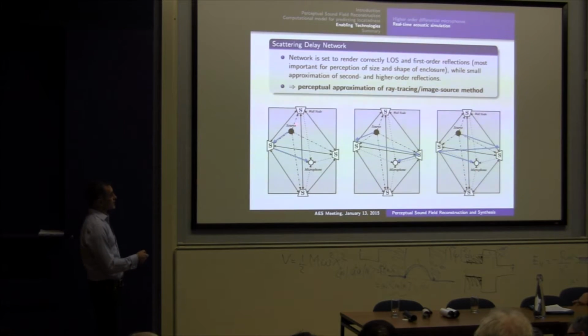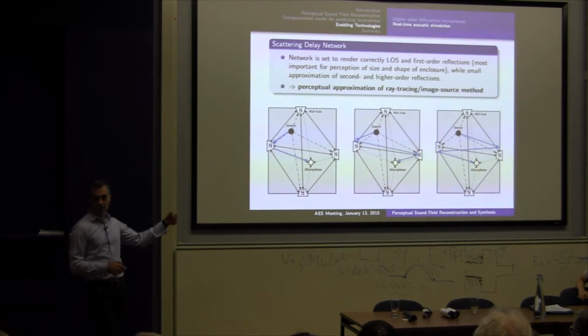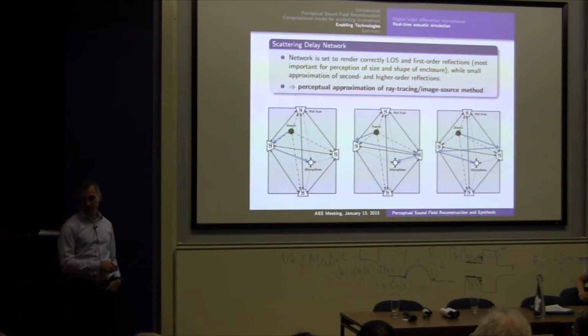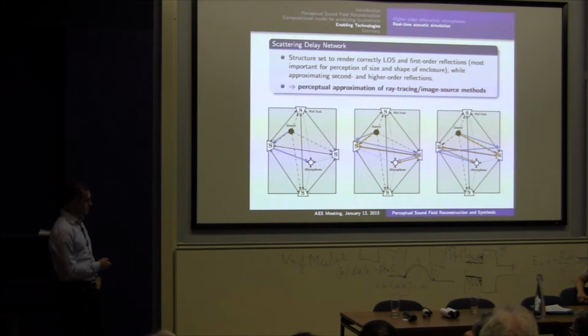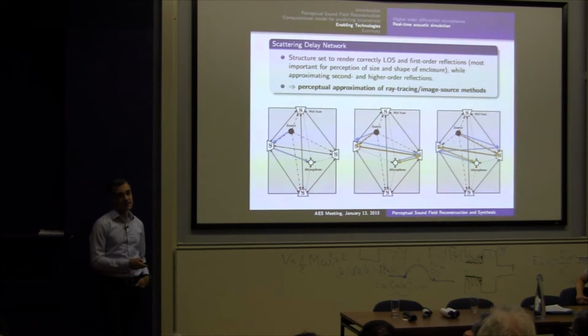Now from these nodes, instead of finding accurately all higher order reflections, we are looking at each one of these nodes reflecting to all other nodes, and that is how energy is circulating. And of course, each node is reflecting also to the microphone, and that turns out to be very, very cheap to implement. And that basically means that we are making coarser and coarser approximations of higher order reflections.